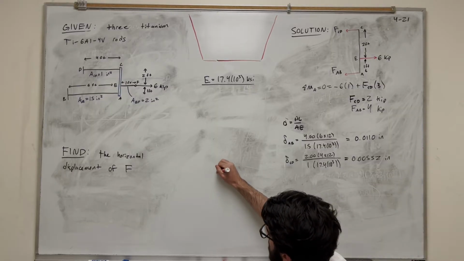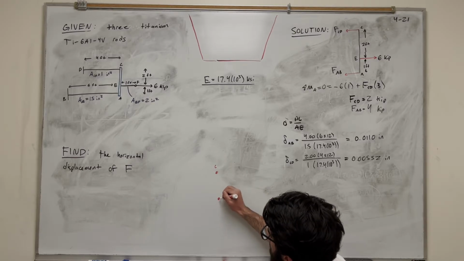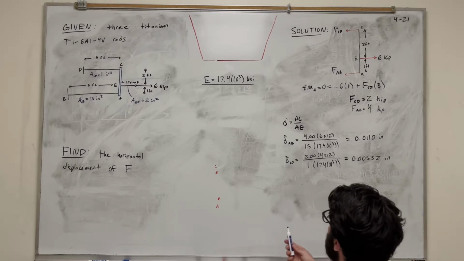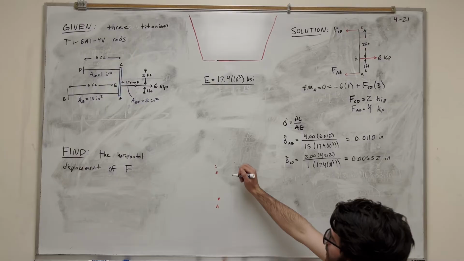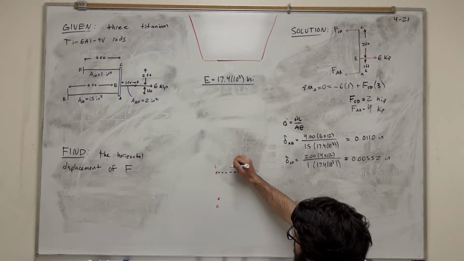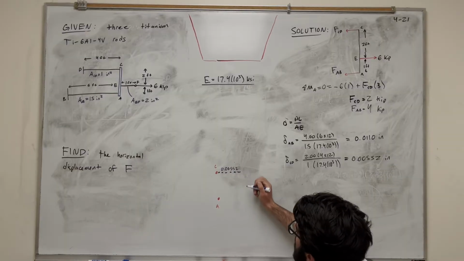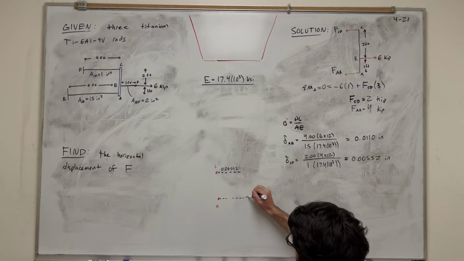Here is point C originally, and this point is A originally. Of course they're going to expand. We know that CD expands 0.00552 inches, so it's going to be up here. And A is also going to go that much, but A is going to go further, about twice as far.